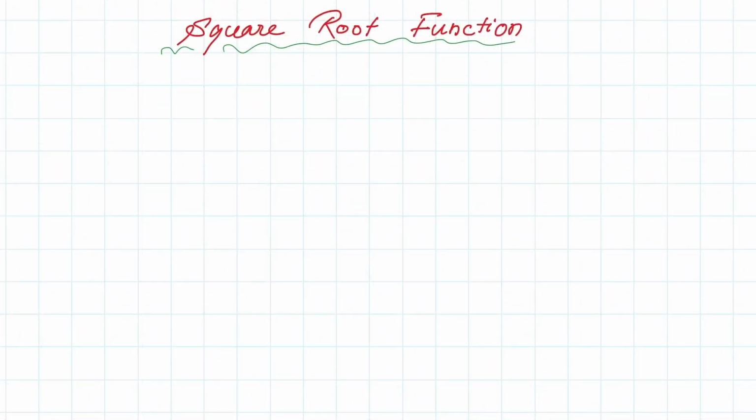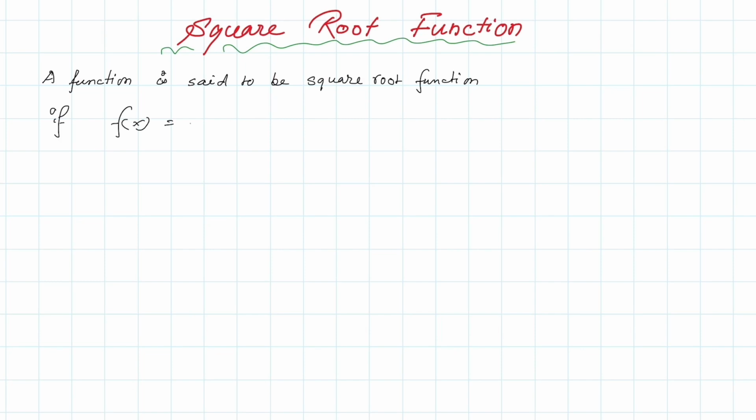So what is a square root function? A function is said to be a square root function if f of x is equal to root over x.